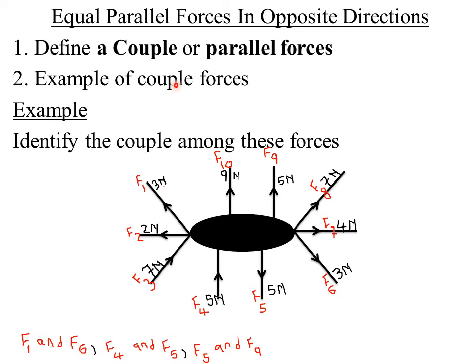The third example of couple forces in action is the forces applied on the steering wheel of a car, that is when going round a circular bend. In all those examples, a pair of antiparallel forces produce a turning effect.